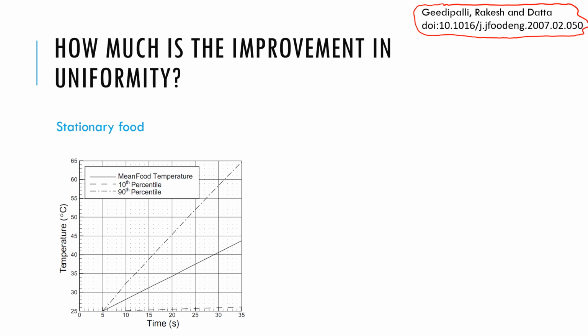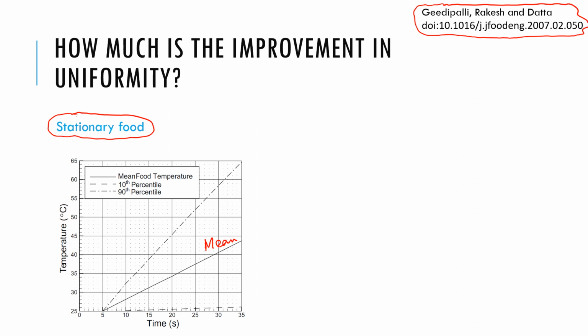So first, it's for the stationary situation, meaning the turntable is not rotating. Here is the mean temperature, and we want to show the non-uniformity, right? So we want to show kind of a range.